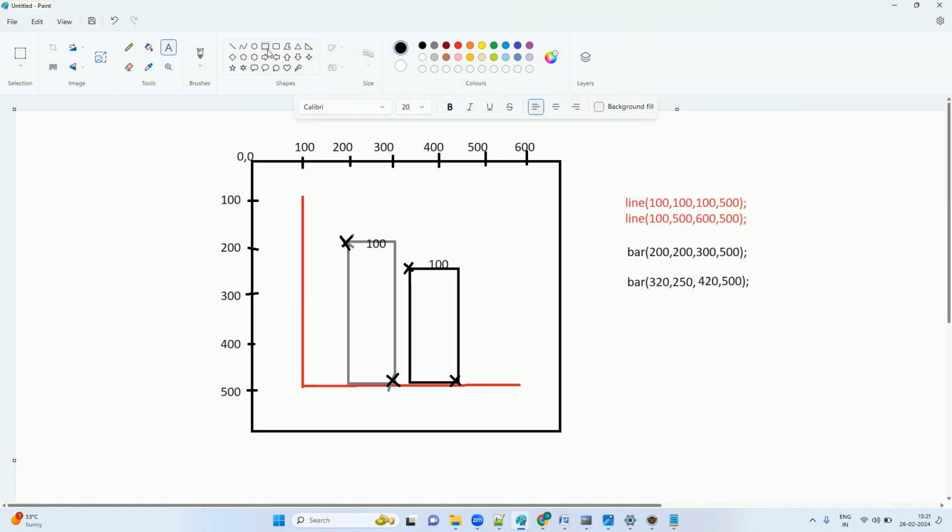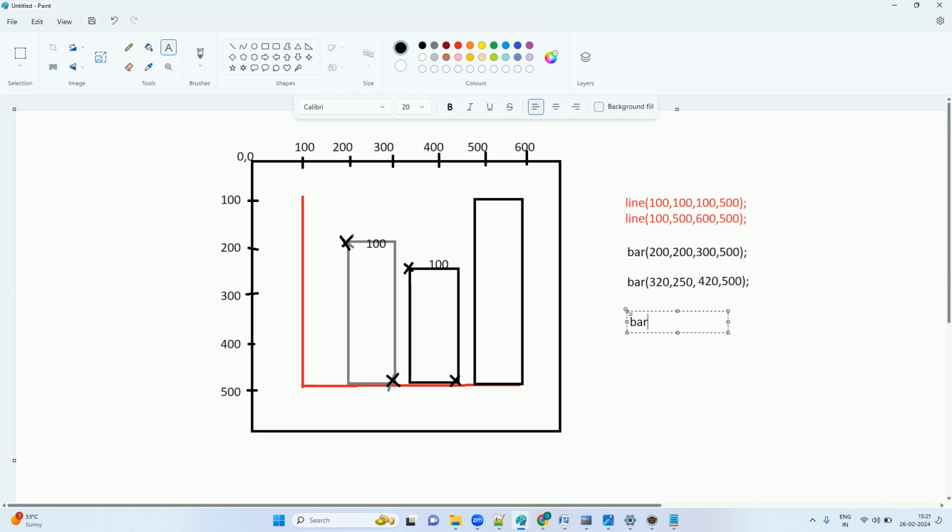Now I want this bar. Okay, sales suddenly increased in the next month. So now tell me, a gap of 20, right? So this is 420. This is how much? This is 440.